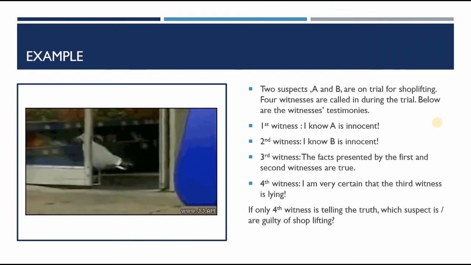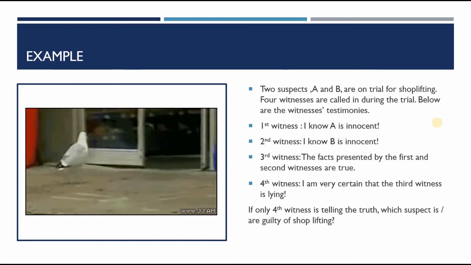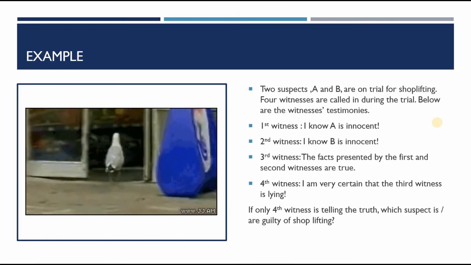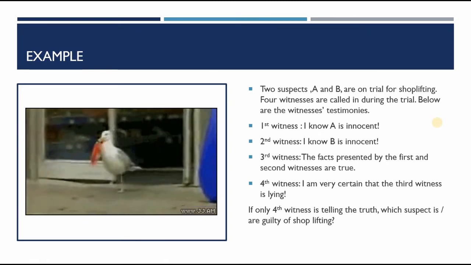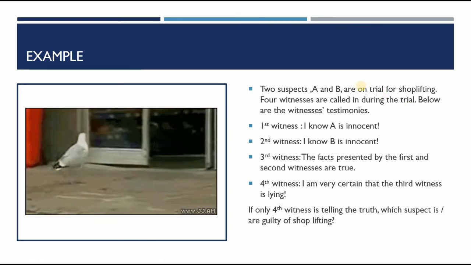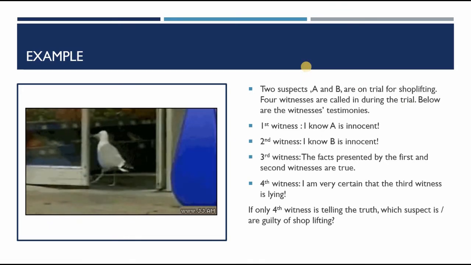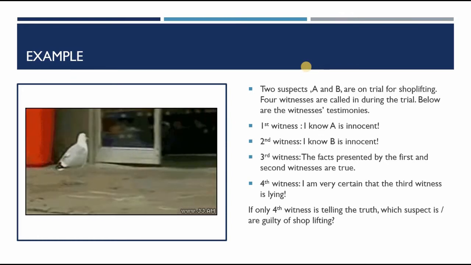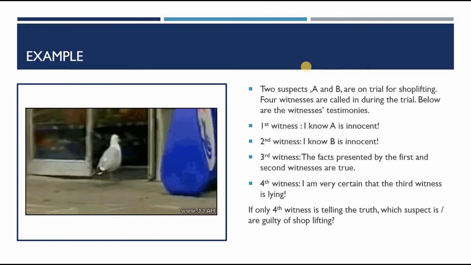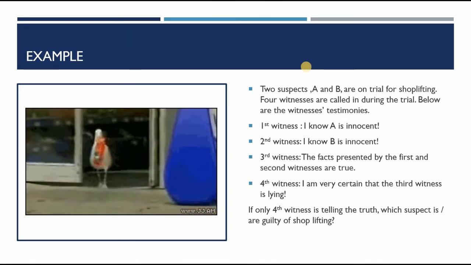Third witness: the facts presented by the first and second witnesses are true. Fourth witness: I am very certain that the third witness is lying. If only the fourth witness is telling the truth, which suspect or suspects are guilty of shoplifting?